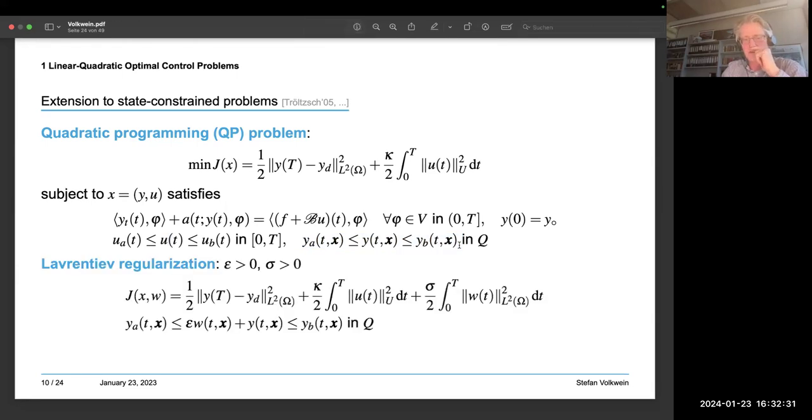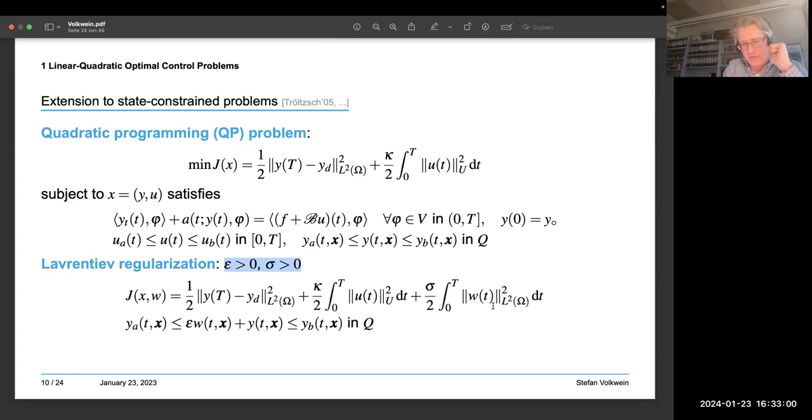Okay, what we do is Lavrentiev regularization. We add 2 further parameters. They are positive. And the idea is this, look at this. We introduce an additional variable, some kind of artificial control, and put it here in this way, this epsilon W. And the idea is, look at the cost functional, to have W very small because we minimize it here.